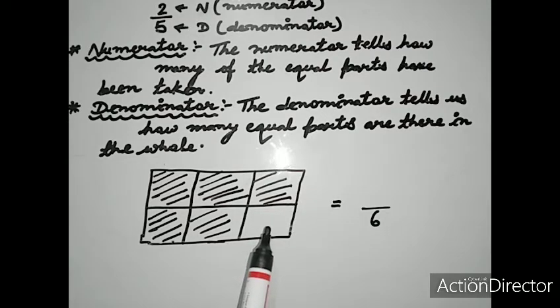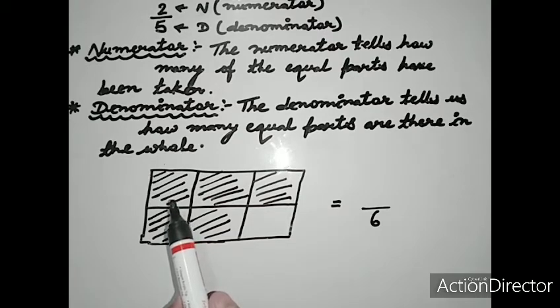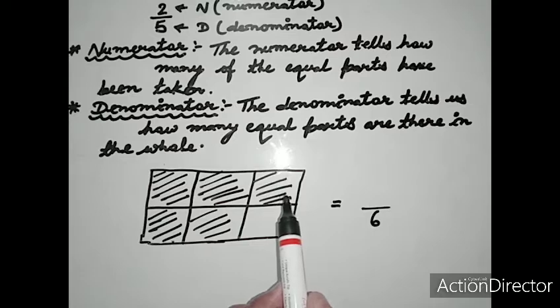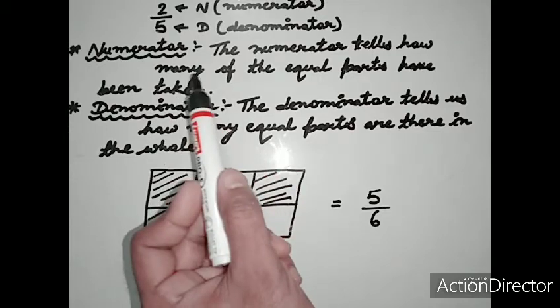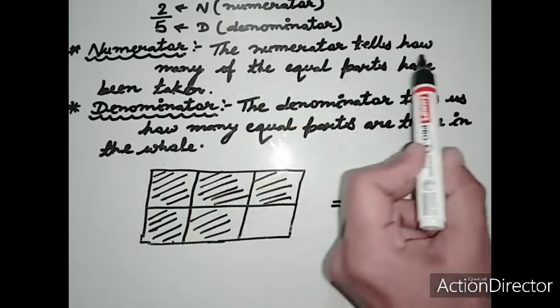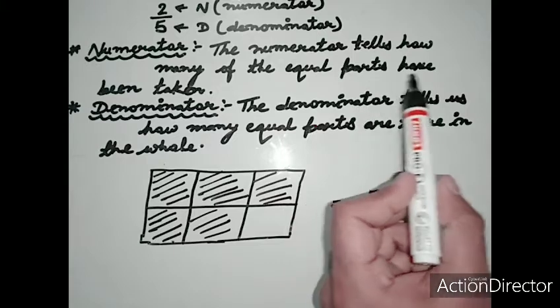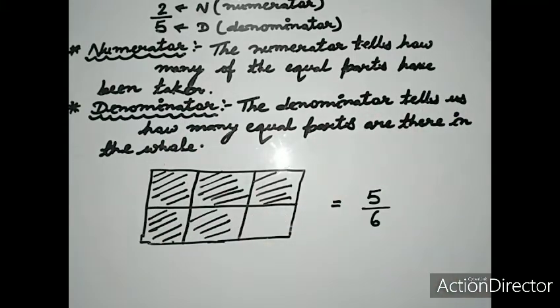Out of 6, what are the total number of shaded parts here? 1, 2, 3, 4, 5. So here we write 5 as a numerator, because the numerator tells us how many of the equal parts have been taken. Now what is the fraction of the unshaded part?